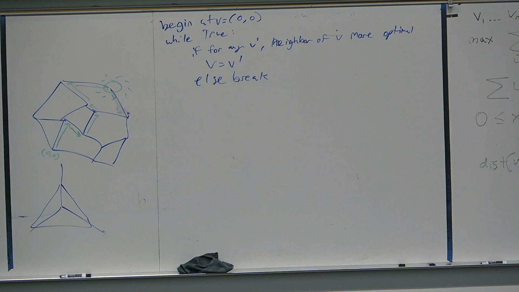But that's conceptually and geometrically what's going on, right? Simplex is a greedy algorithm in the sense that, oh, there's a solution that's next to me that's better. That's my solution. Oh, there's a solution that's next to me that's better. Okay, that's my solution. Oh, there's nothing better than me that's next to me. Done.